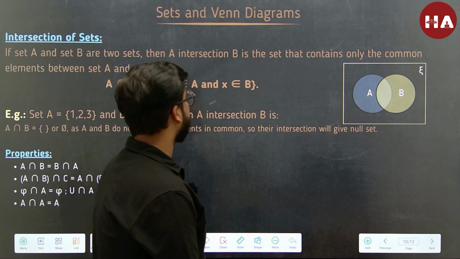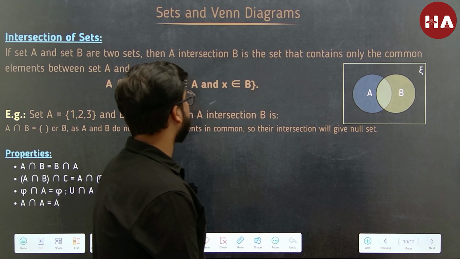As you can see, this whole portion comprises A. This will be not of A, meaning A complement, and similarly this universal set portion is also not under the circle of A, so the whole intersection will be of B and this universal set.